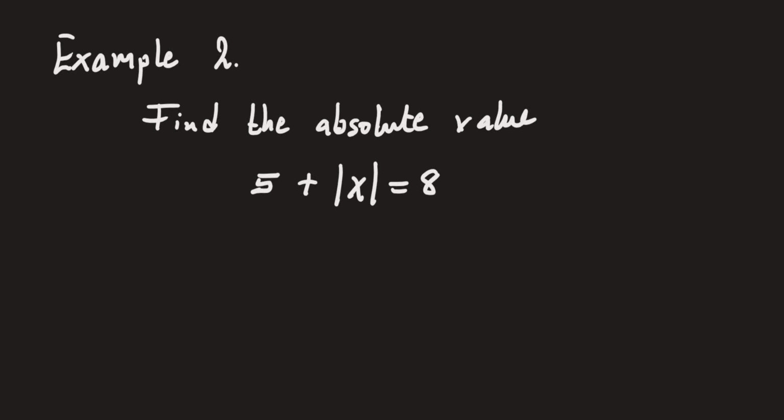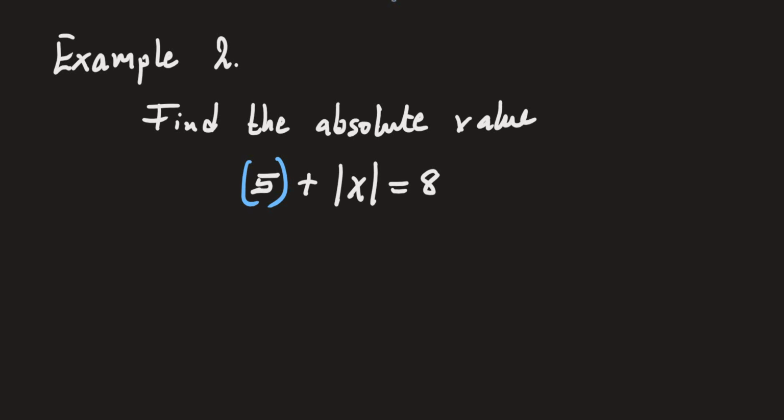Now, since 5 is included in this question, all you have to do is to get rid of 5. That should be the first step. And since it's a positive value, we can eliminate 5 from here by simply subtracting 5 from both sides.